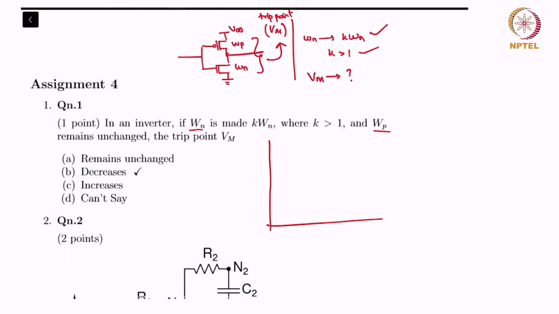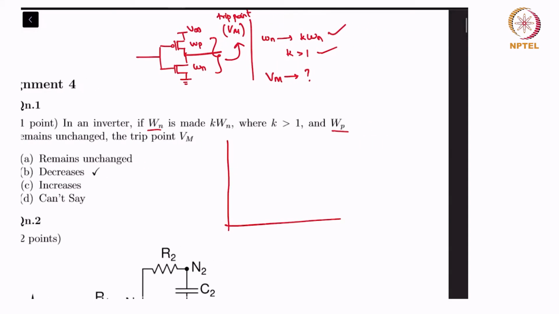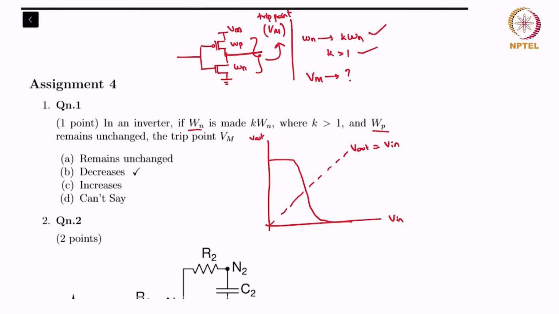Now this is fairly straightforward. In the inverter's transfer characteristics, where this is Vin and this is Vout, if you were to draw the Vout equals Vin line, and then make the NMOS stronger, then the transfer characteristics are going to move to the left.